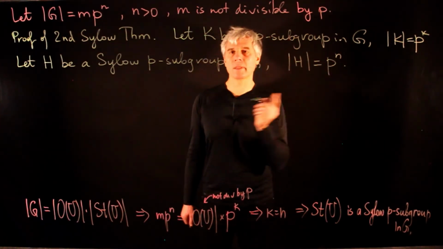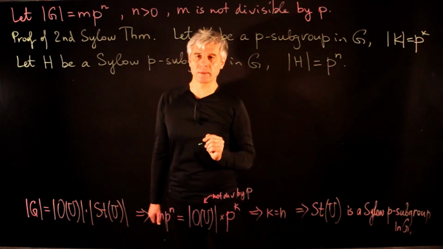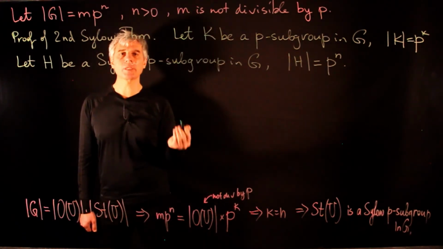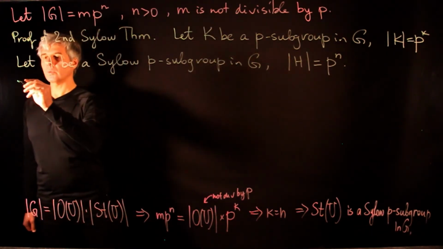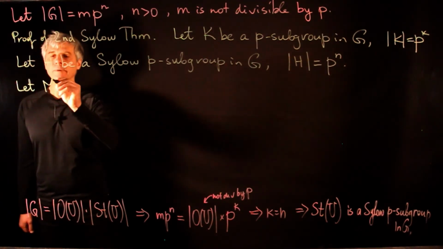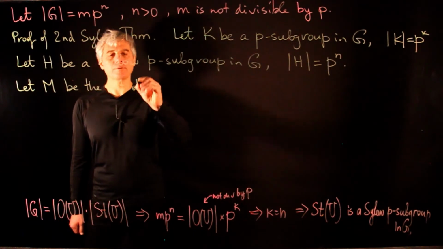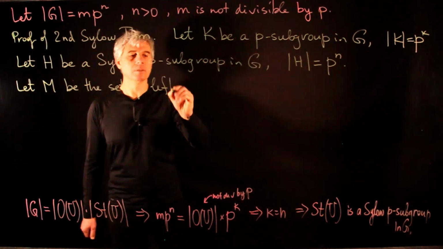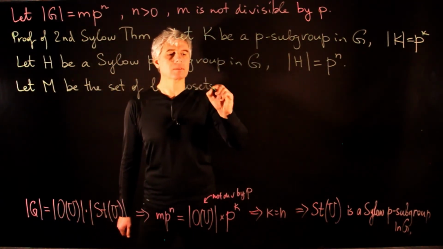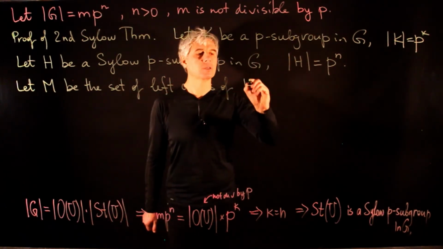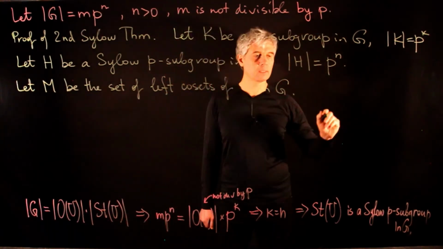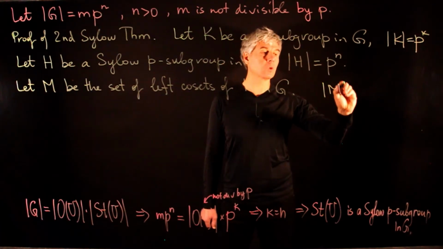And we proved that Sylow p subgroups exist. Again, we will be using the machinery of action. So we choose as our set M the set of left cosets of H in G. And we know the number of left cosets.